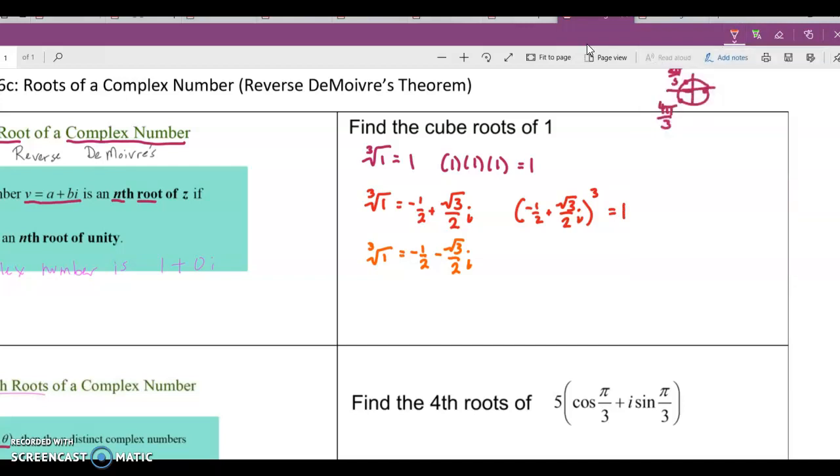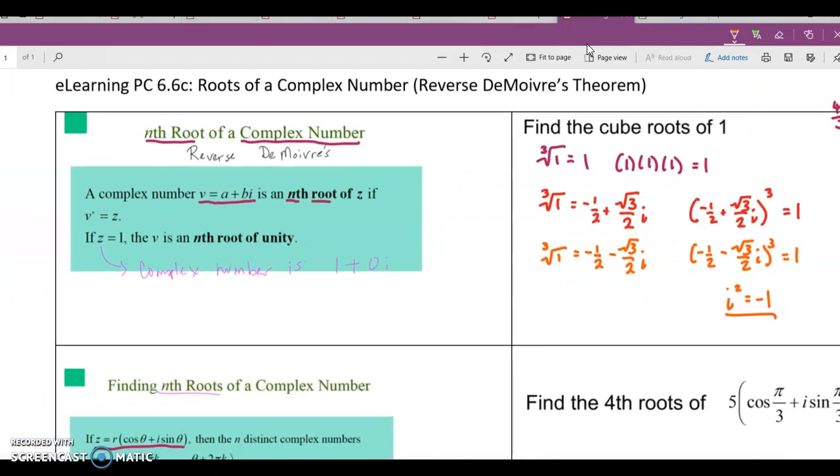Same thing with the one below that. If I multiply negative 1/2 minus square root of 3 over 2 i 3 times, that's also equal to 1. If you want to pause the video and check that, go for it. Remember that i squared is equal to negative 1. That's going to help you out a lot.